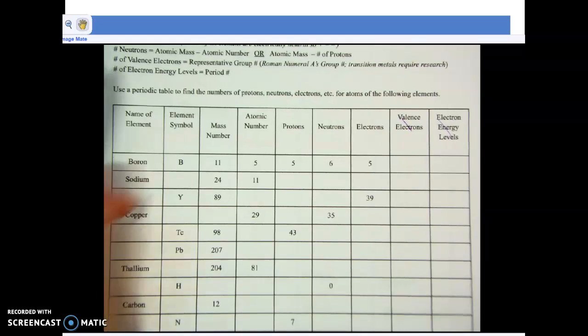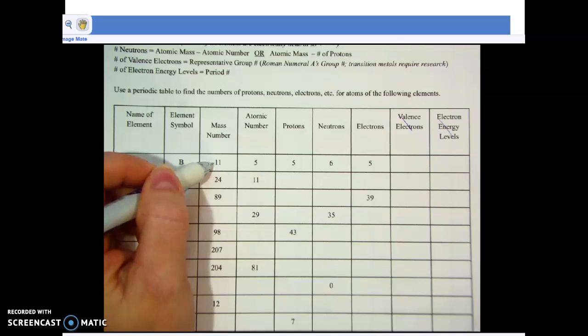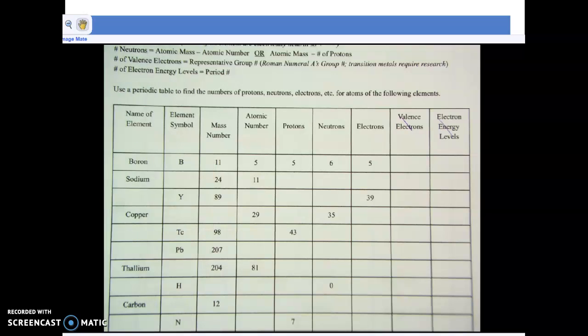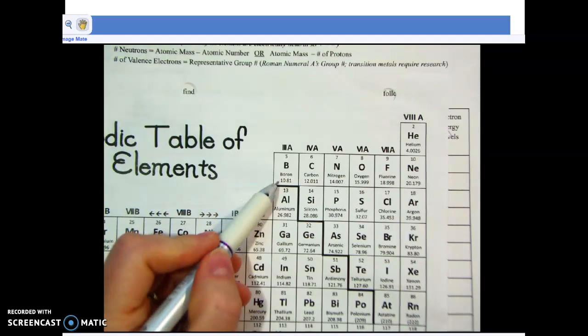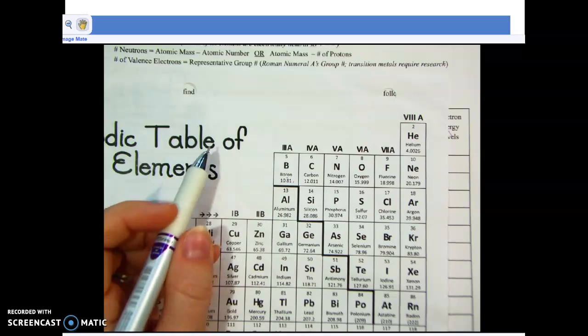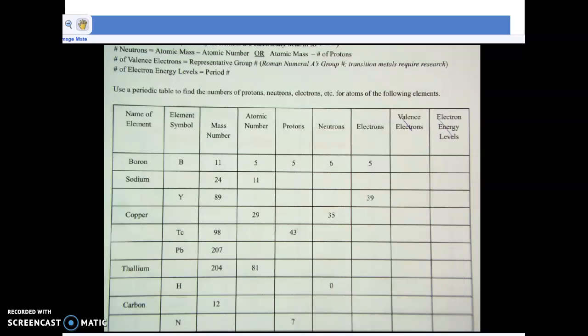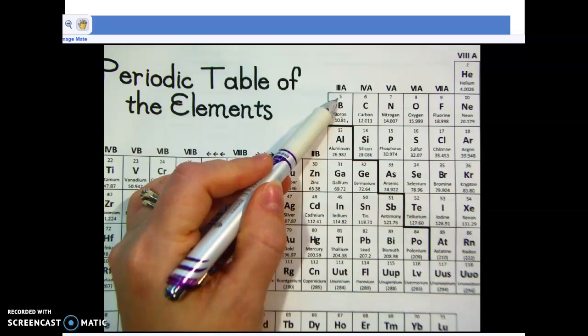Boron is done for you. Boron is symbol B. It has an atomic mass number of 11, that's found at the bottom of the periodic table. 10.81 rounded up is 11. And it has an atomic number of 5, which is found at the top of the periodic table.